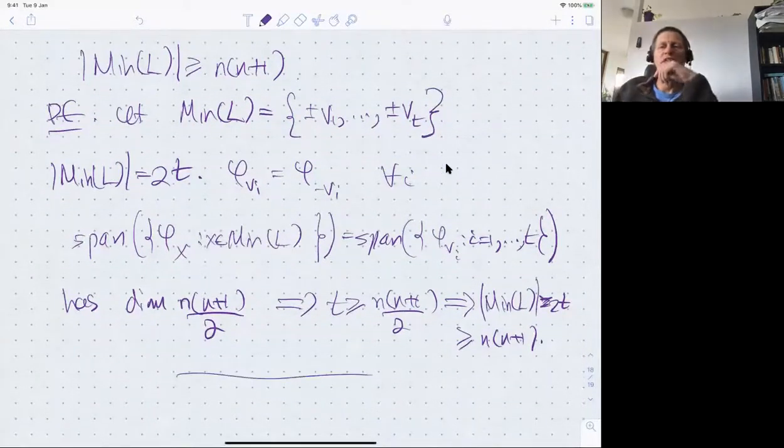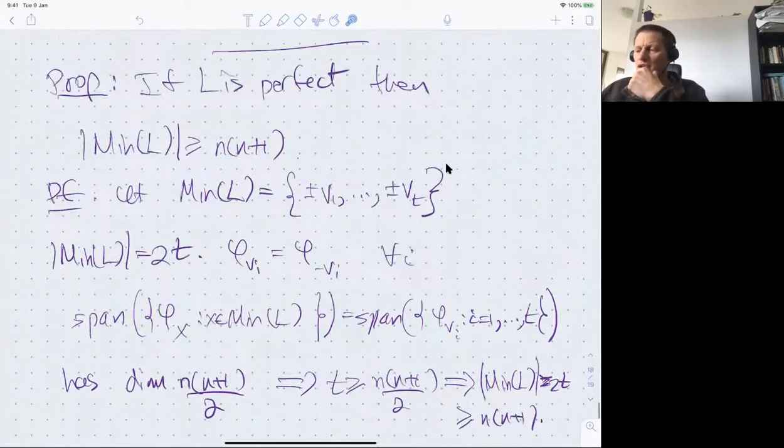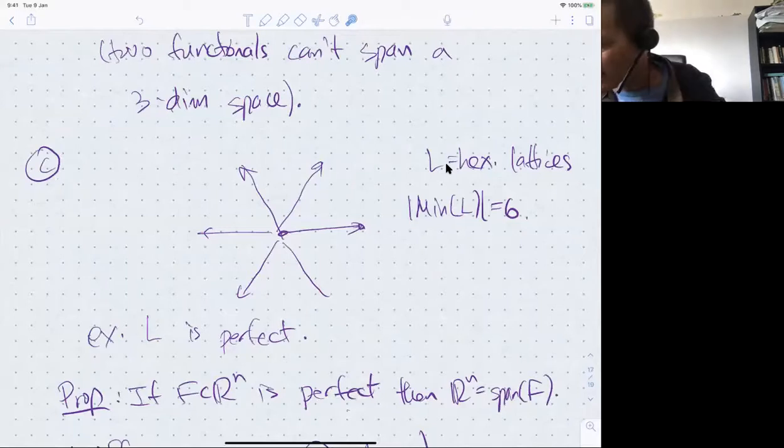So going back to our previous example, in dimension 2 this number is 6. So what this is showing is that a perfect lattice in dimension 2 has to have 6 shortest vectors. And it's easy to see from this that the only perfect lattice in R2 is going to be the hexagonal lattice. There are no other lattices for which the number of shortest vectors is 6, up to rotating and dilating.